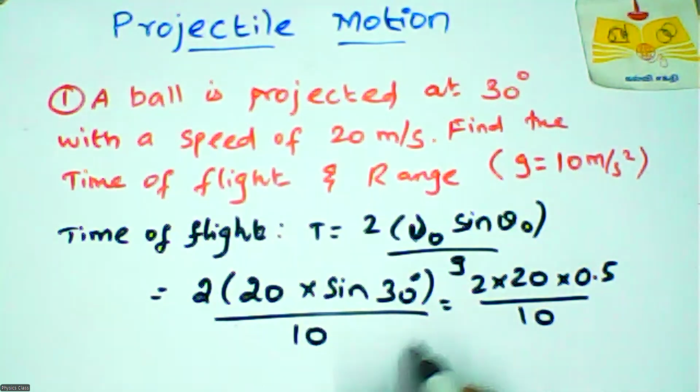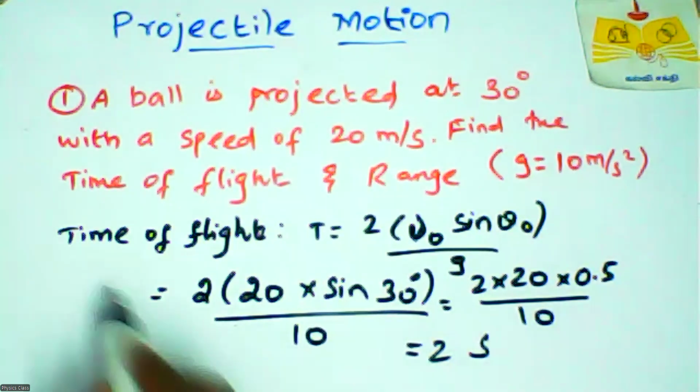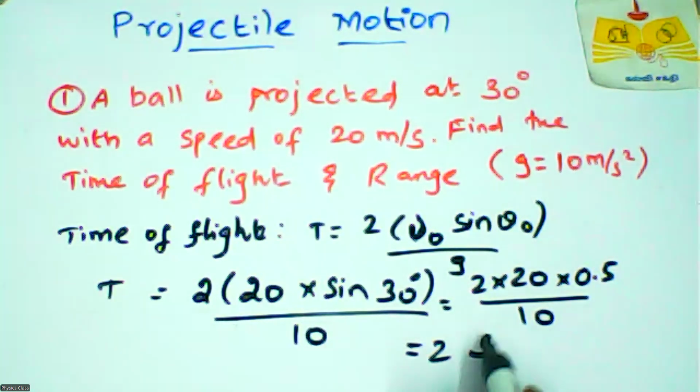Yes, 2 seconds. 20 into 0.5 is 10, 10 by 10 cancels out, and we get 2. So the time of flight is 2 seconds. Very good. Okay. Next, the range.